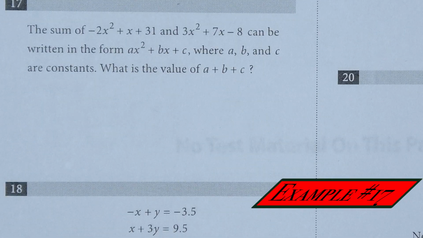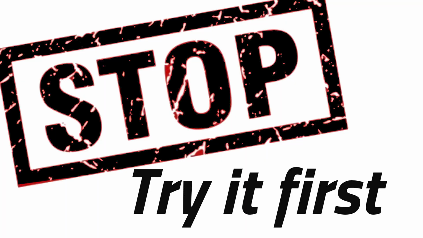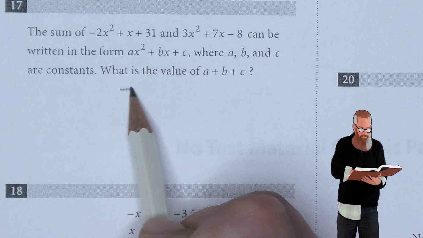The sum of -2x squared + x + 31 and 3x squared + 7x - 8 can be written in the form ax squared + bx + c, where a, b, and c are constants. What is the value of a + b + c? So we first need to combine some like terms.